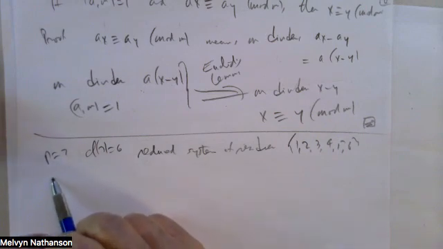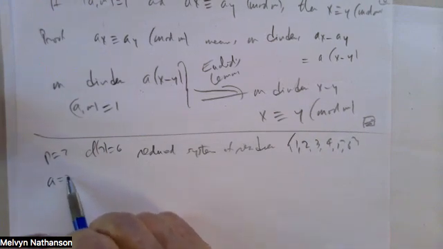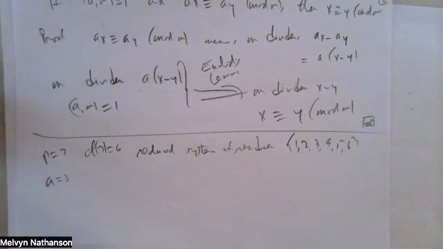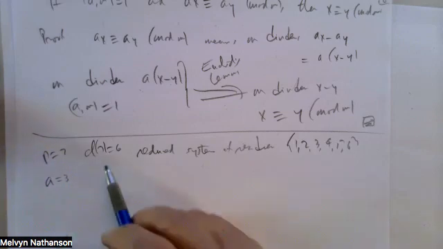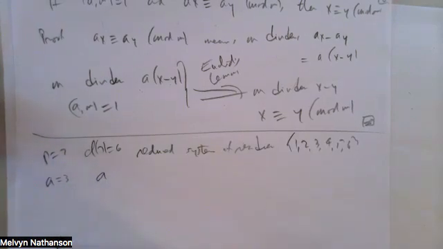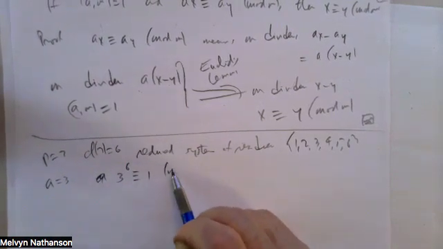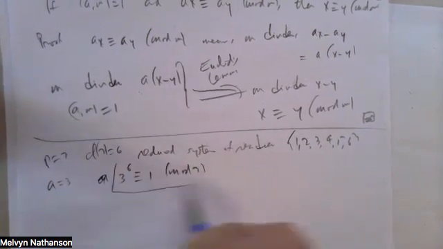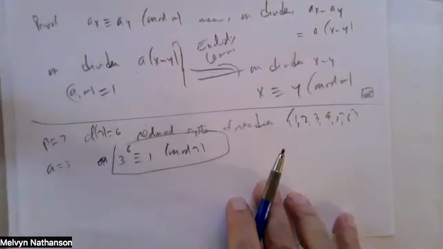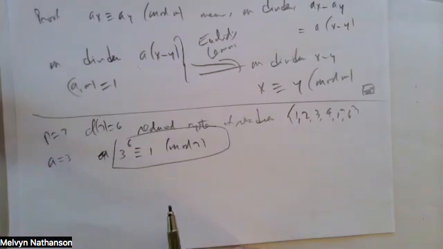Suppose I take A equal to 3. So I want to show that 3 to the 6 is congruent to 1 mod 7. That's what the Euler-Fermat theorem says.